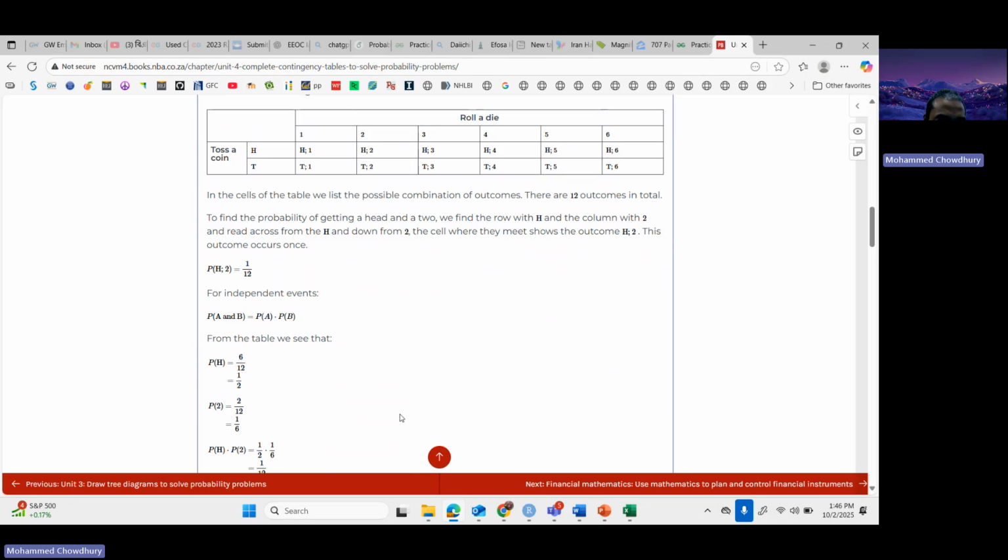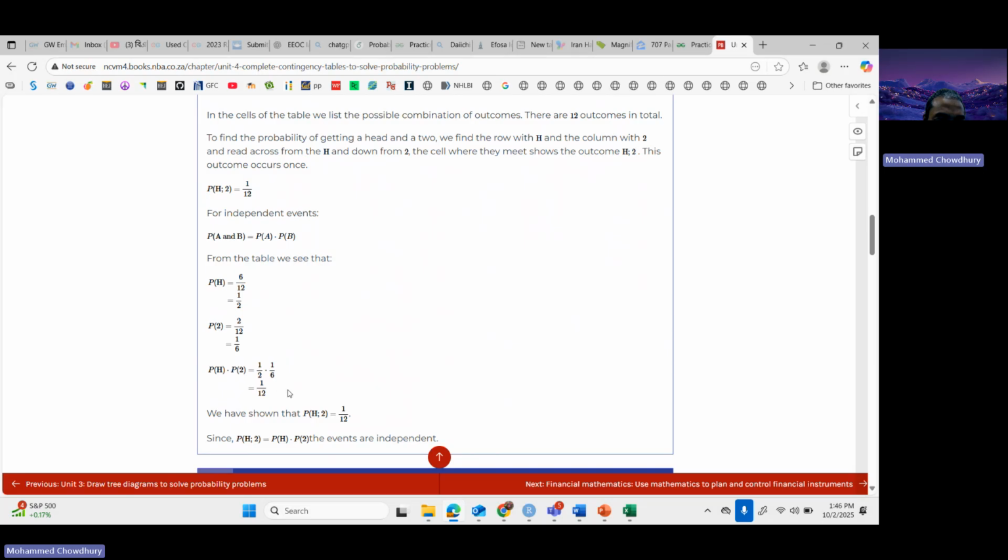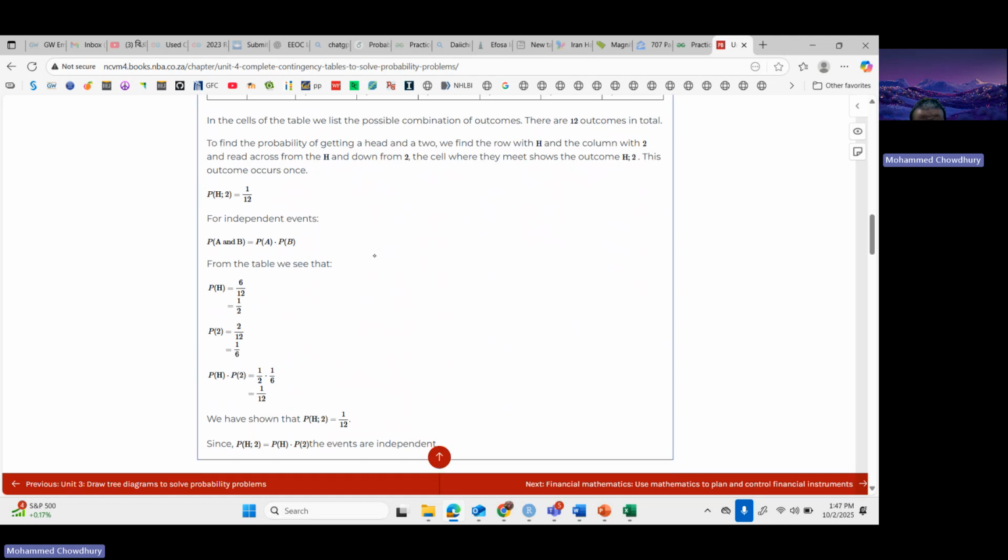So if you multiply them, you get half times 1 over 6 equal to 1 over 12. So that means the multiplication of the individual, marginal probabilities is equal to the joint probability. So this is the definition.